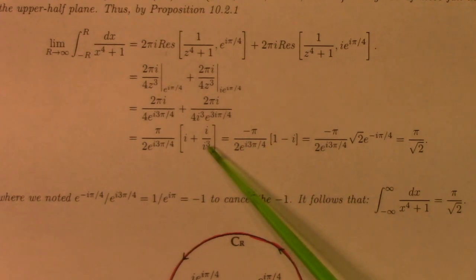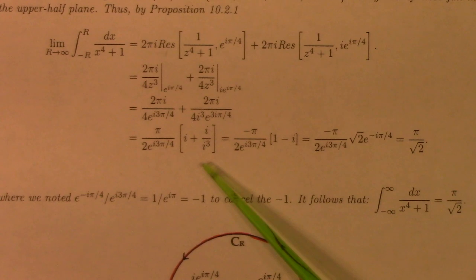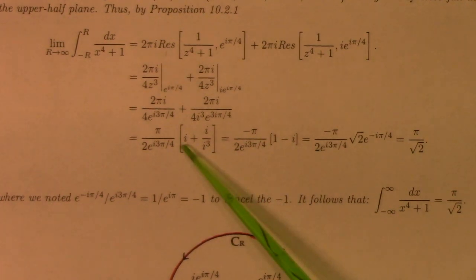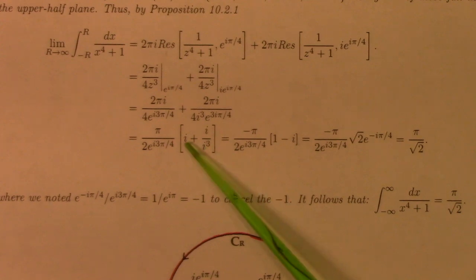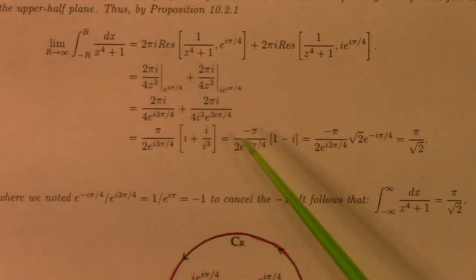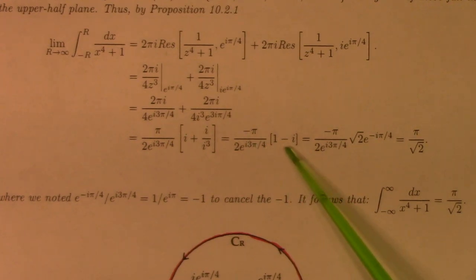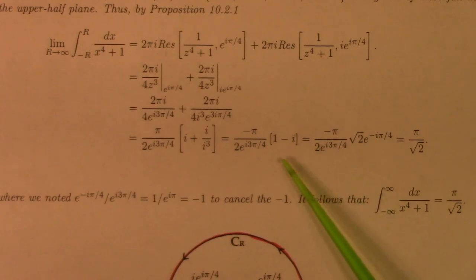So let's see here. Huh, how did I get the minus? I guess i cubed is minus i, so i over minus i is minus 1, so this is i minus 1. But then I factor the minus out, so I get minus pi times 1 minus i, and then, oh, sneaky move, that is the square root of 2 times e to the minus pi i over 4.